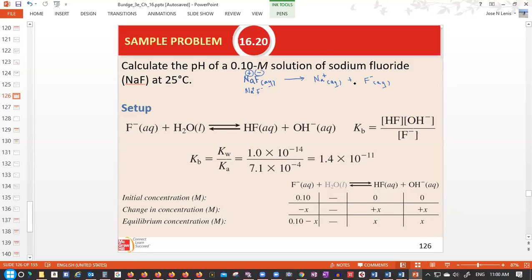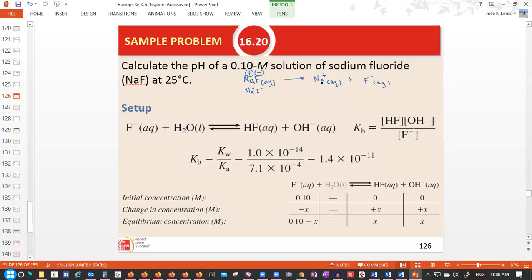That's what happens when you add a few grams of the salt, NaF, into water. The water will help to break down the crystals into its ions. It's a dissociation.